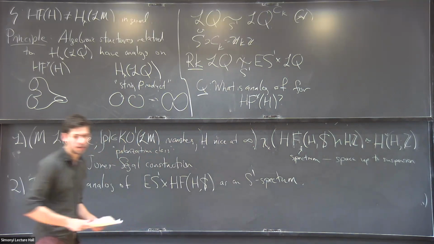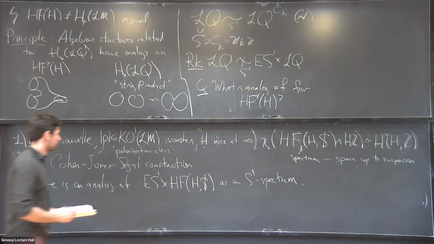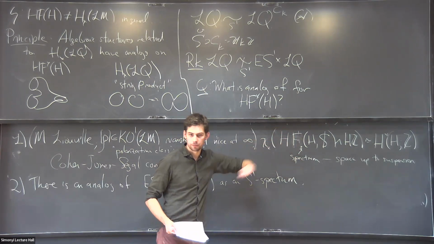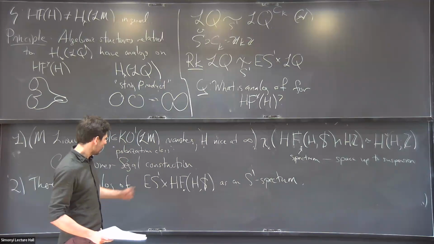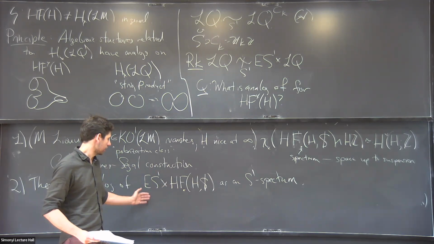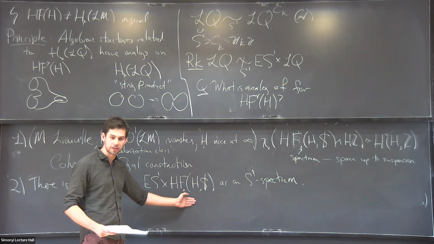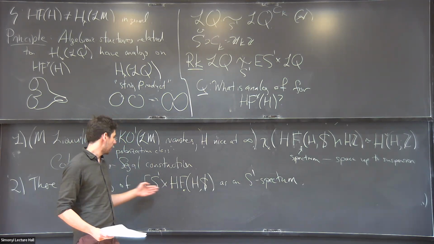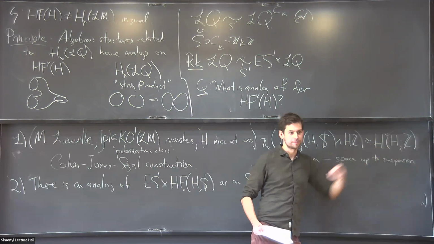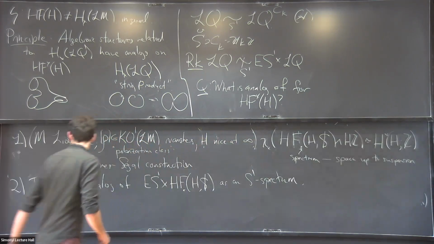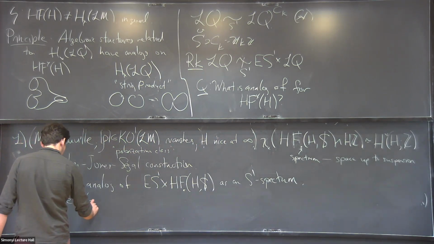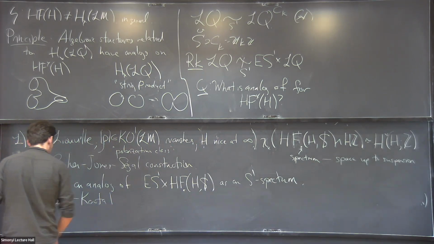This is just a spectrum, it doesn't have an S1 action a priori. There is some other thing which in some informal sense behaves like a spectrum with these properties. So it has an S1 action, the S1 action is free, and for example, when you apply this object to it, you still get these homology groups. Okay, so this is from a few weeks ago.